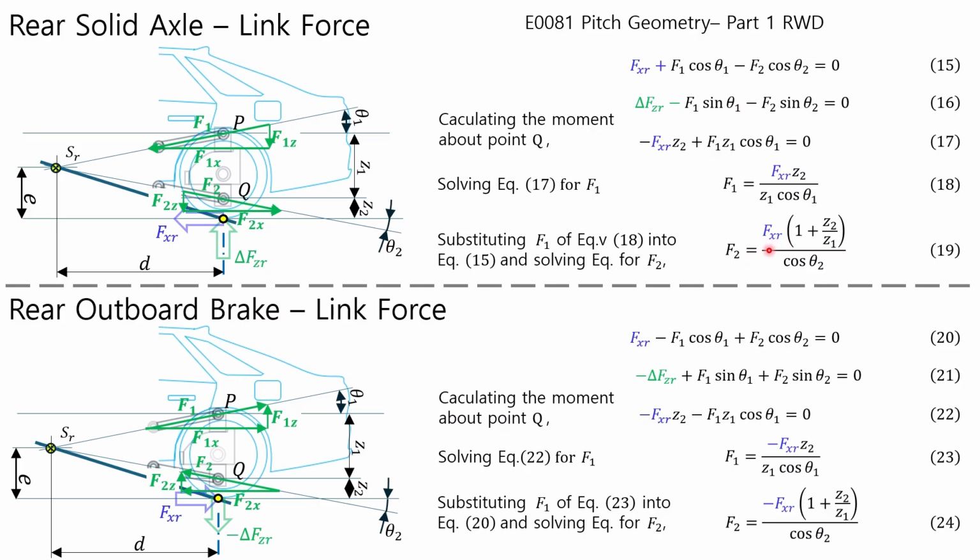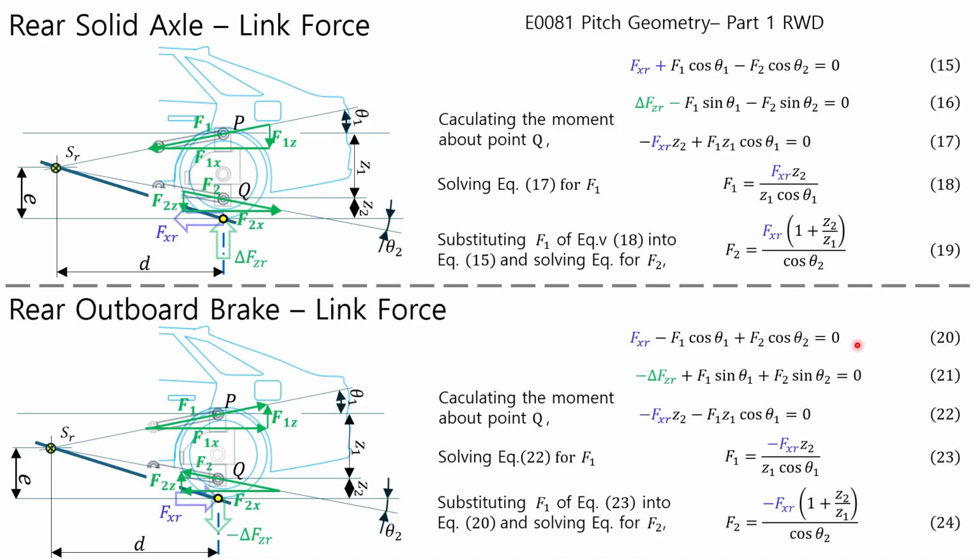Since the inputs for driving and braking are opposite, by reversing the signs of equations 15, 16, and 17, which represent the force and moment derived from rear-wheel drive, we can obtain equations 20, 21, and 22, which represent the force and moment generated by rear-wheel outboard braking.